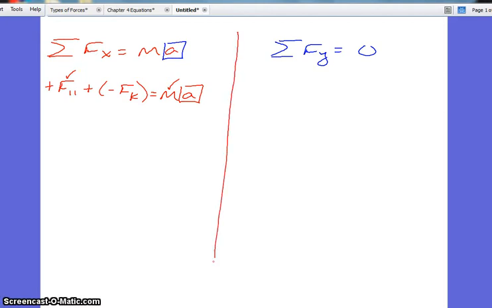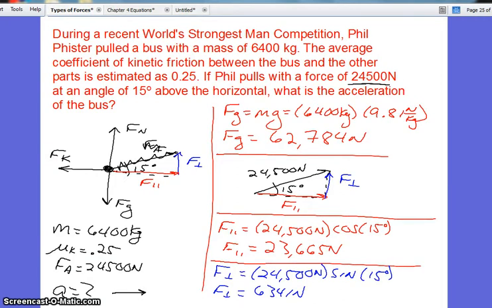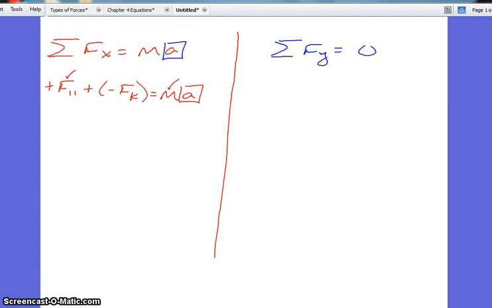So how do we get the friction? Well, let's turn to the y direction. In the y direction, we have three forces: the normal, which is up, the perpendicular force component, which is up, and the gravitational, which is down. So if I come back in here and I put the normal force up, the perpendicular component, which is up, and the gravitational force, which is down, they total to 0.